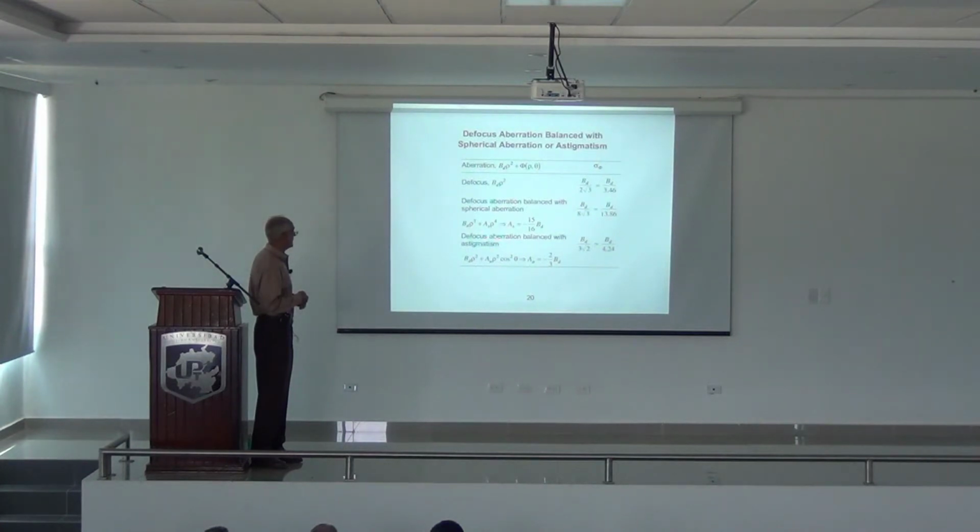And similarly, if I consider astigmatism, which is rho squared cosine squared, that value of A sub A is given by this expression. What happens to the sigma value? Defocus by itself, this is the sigma value. When balanced, the value goes down. How much?